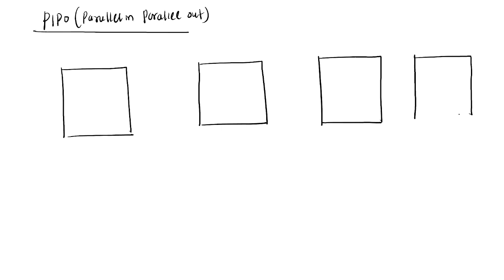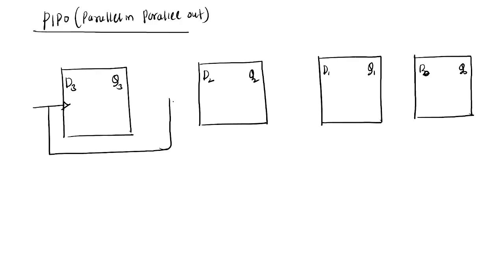We can use only D flip flops, or we can use any flip flops? D flip flop only we need to use for the shift registers. D naught, Q naught. Here a common clock is given to all the flip flops.